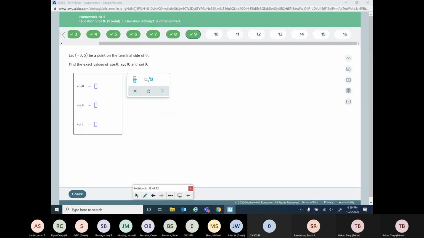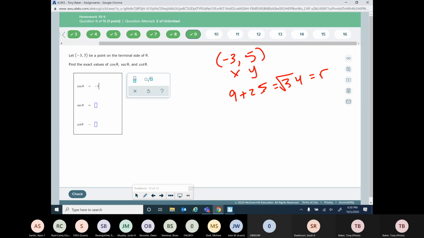So this one, we got -3 and 5. So I've got, so it's the square root of 34 is r. So cosine is x over r, so it's -3 over square root of 34.